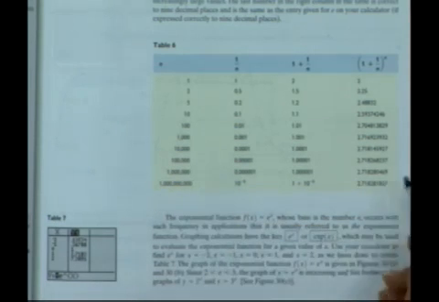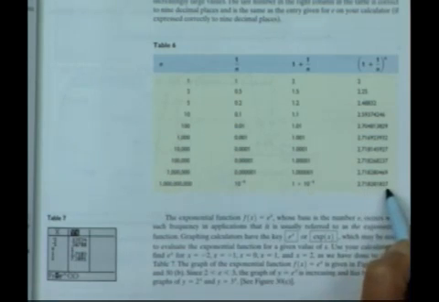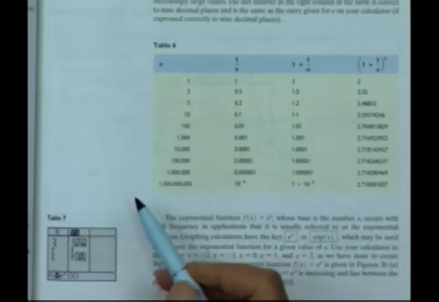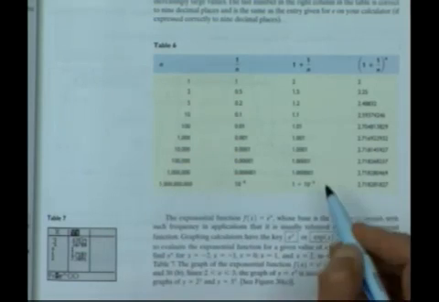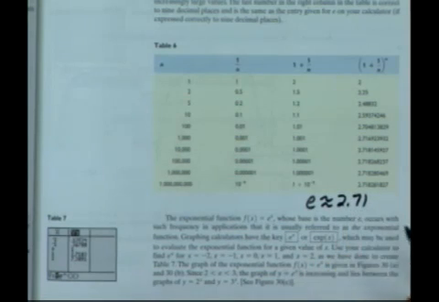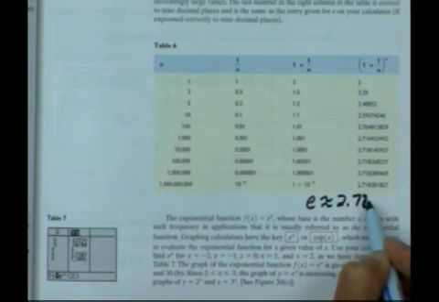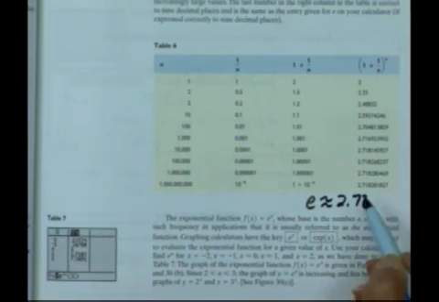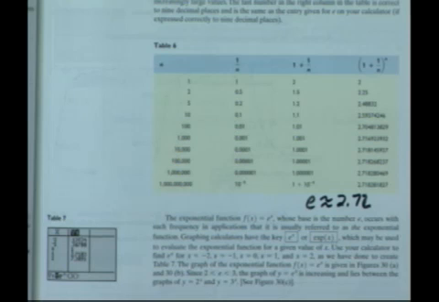Of course, if you kept going, you would see that the decimal is not going to terminate, it's not going to repeat. But this is the definition of e, and we usually just say that e is approximately 2.71, or 2.72 is actually where it rounds better. Most of the time we just say e is about 2.7.